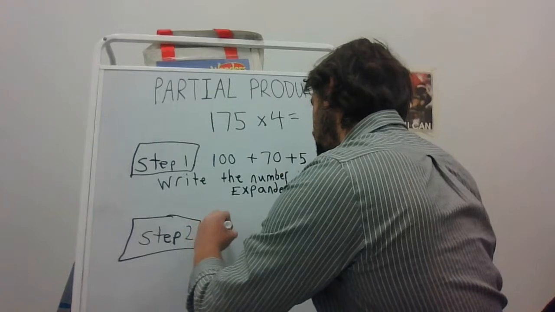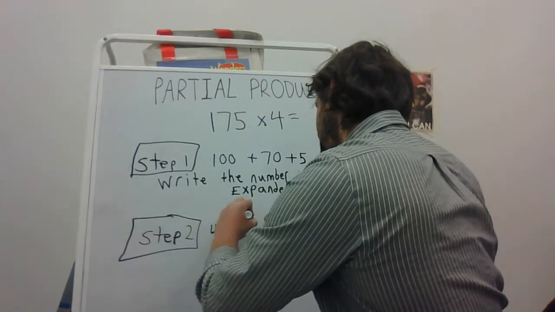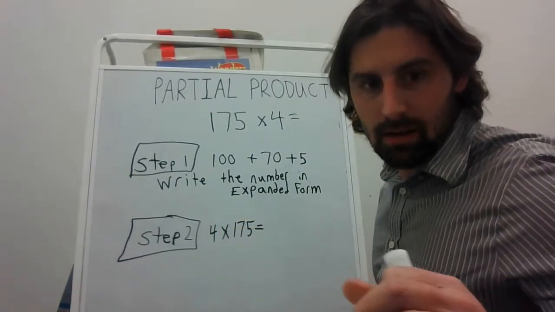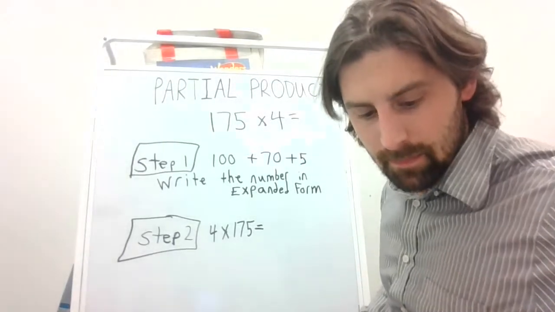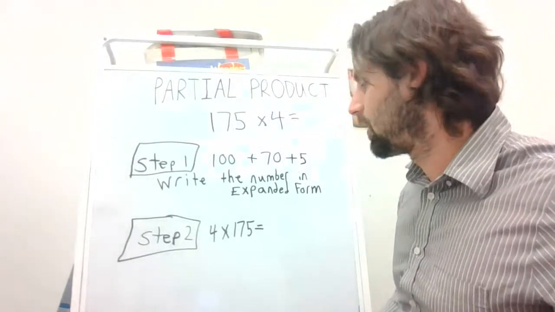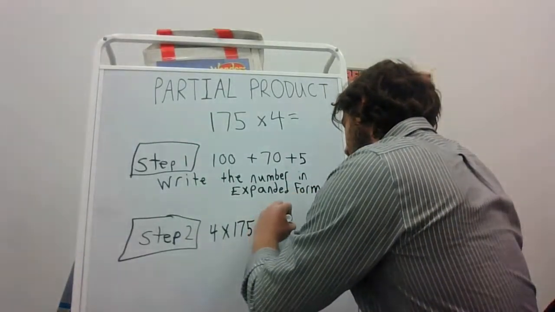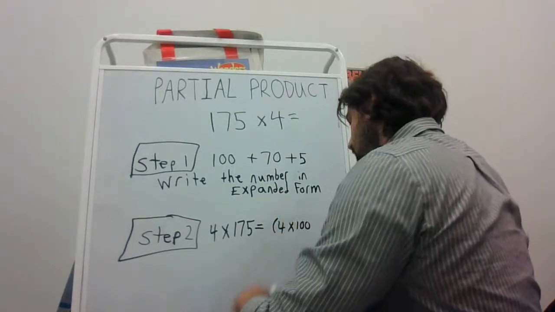So 4 times 175 equals 4 times 100. You know what?